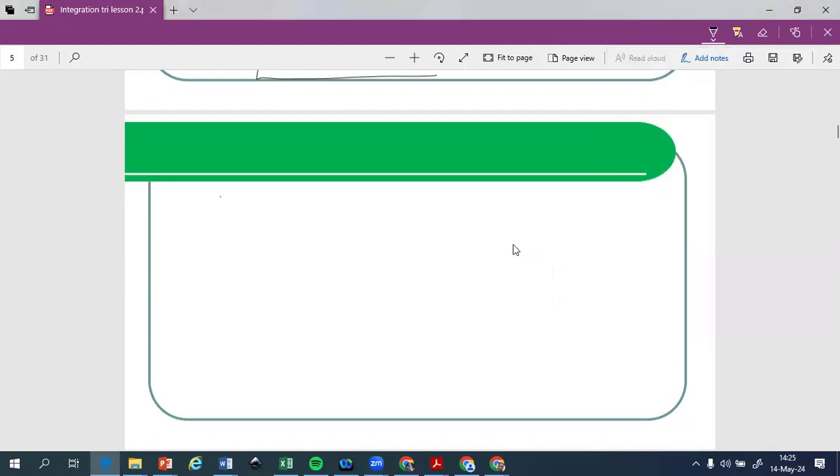We know very well that when I have sine of A plus B, members, can someone raise up the hand and tell us, when you have sine A plus B, what do you get? Yes, Dennis. We get sine A cos B plus sine B cos A. Okay, members, do we agree?